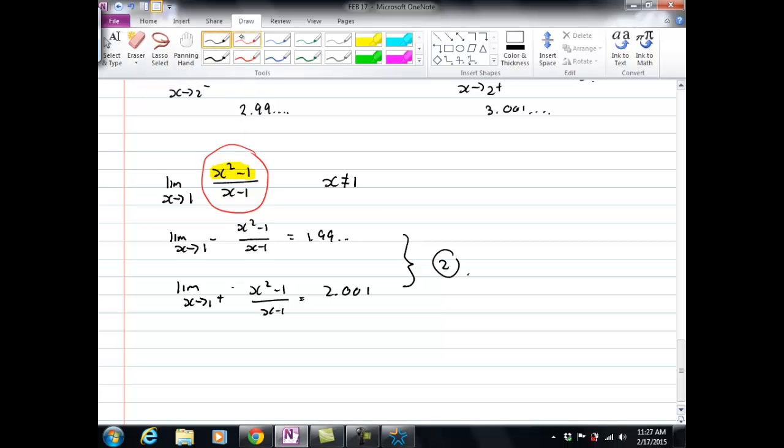If I really look at this question, I say the limit as x approaches 1 of x minus 1, x plus 1 over x minus 1. See, x minus 1 is gone. So really, this question now becomes the limit as x approaches 1 of x plus 1.